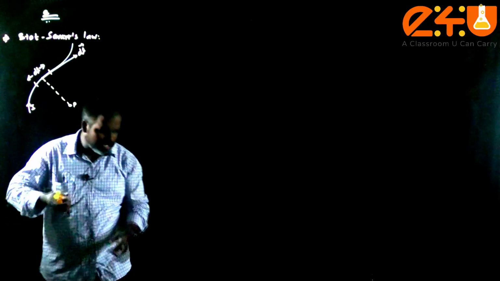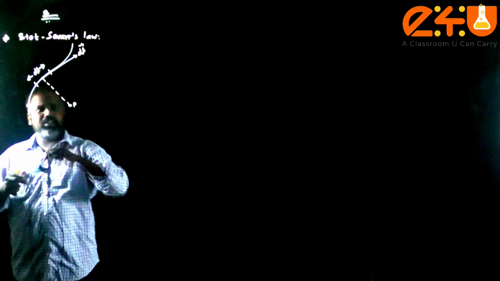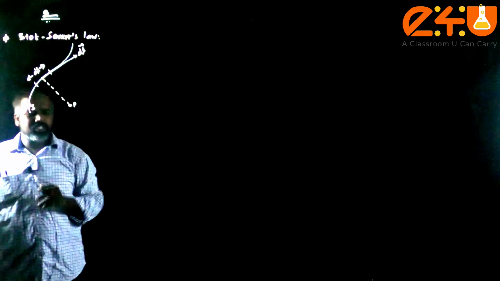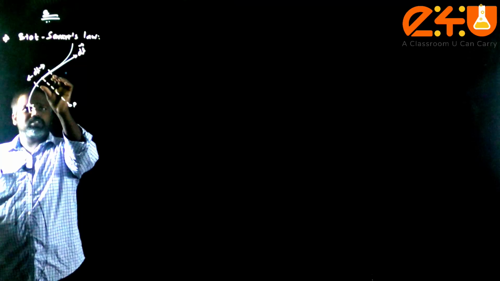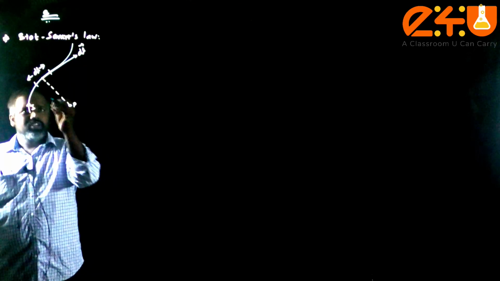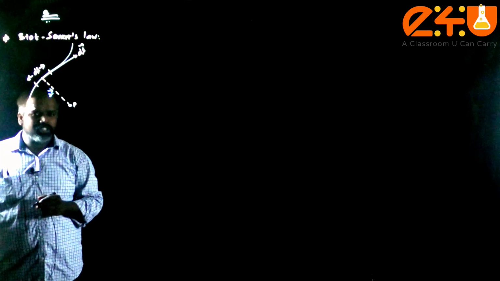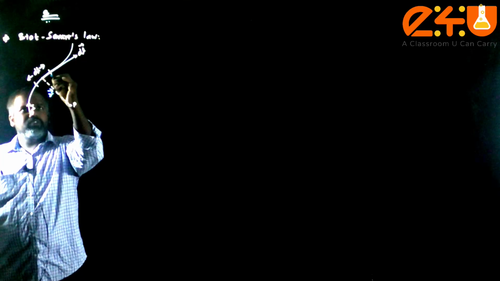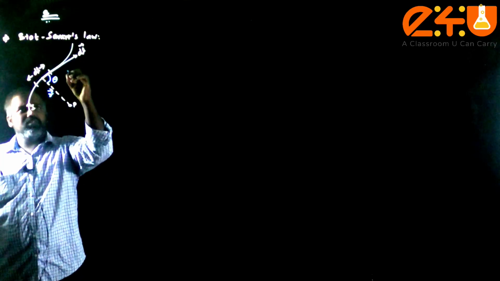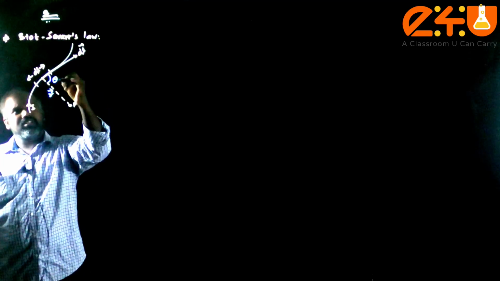The point P is where we have to measure the magnetic field due to the small portion of the wire. Let r vector be the position vector. The angle between the position vector and this current element is theta.